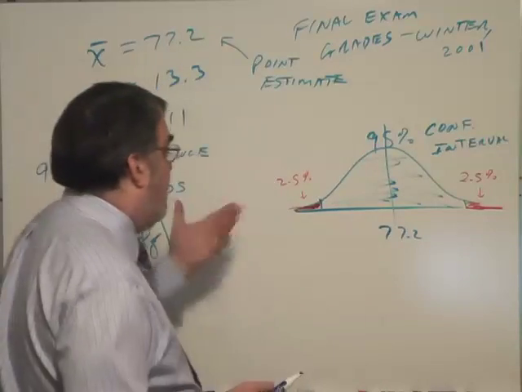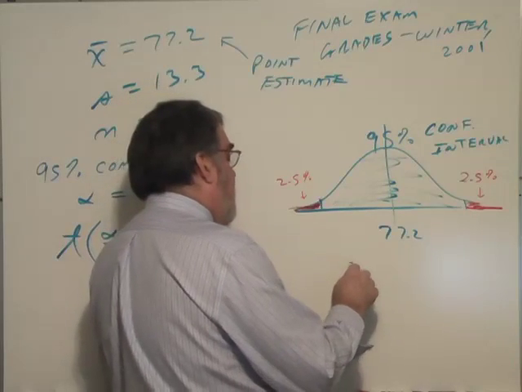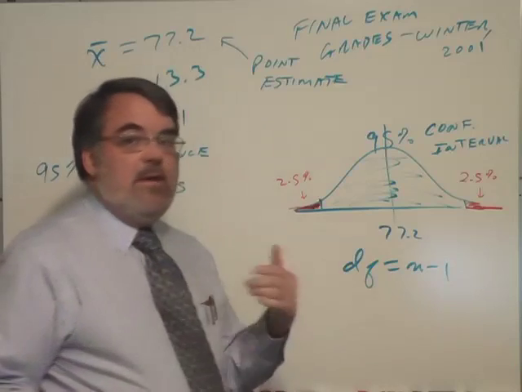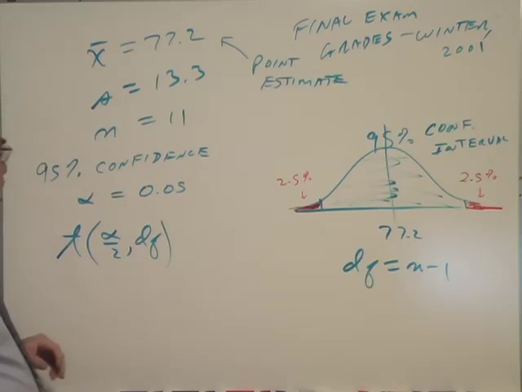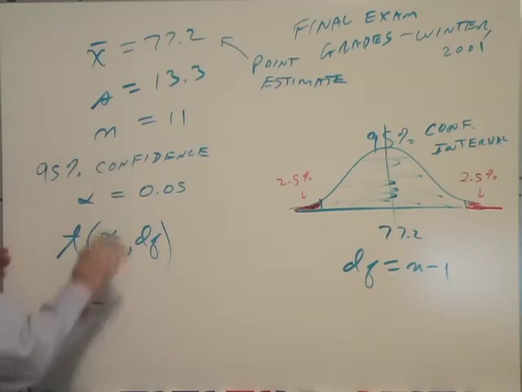So it turns out for this problem, when you're dealing with single variables, the degrees of freedom is always n minus 1, one less than sample size. Alright, so I want to be more specific for this problem.